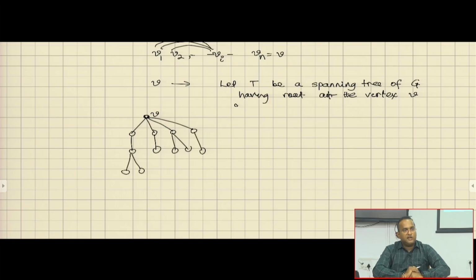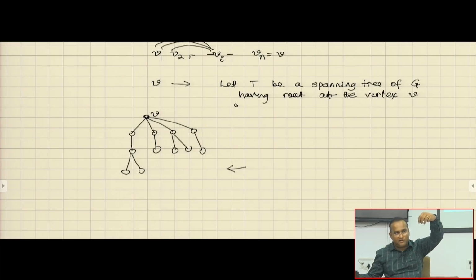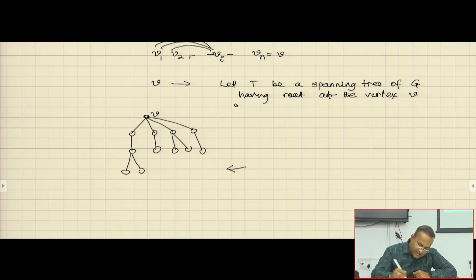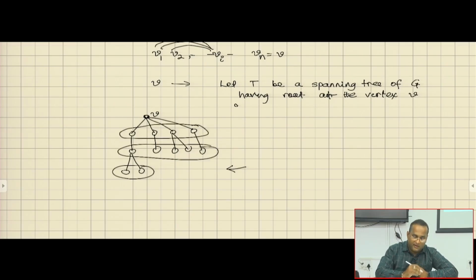So what we are going to do is write the vertices with respect to the level, right? Whichever is at the bottom, you write them first. If we name them, these vertices will come first, then these vertices, then these vertices, then this vertex will come, right?